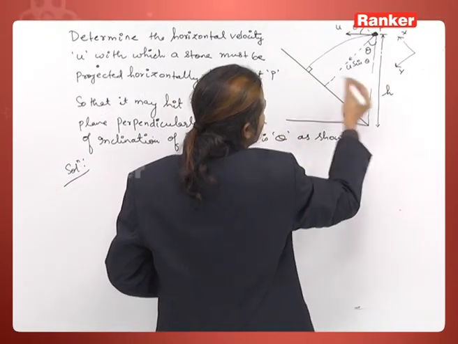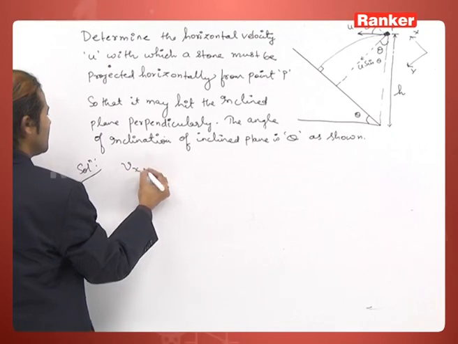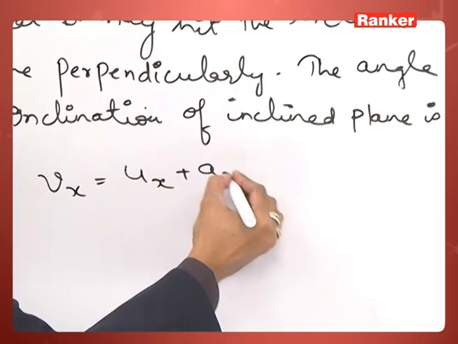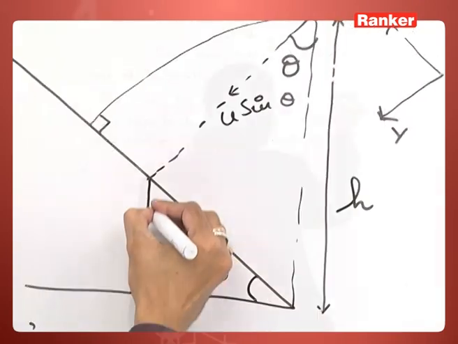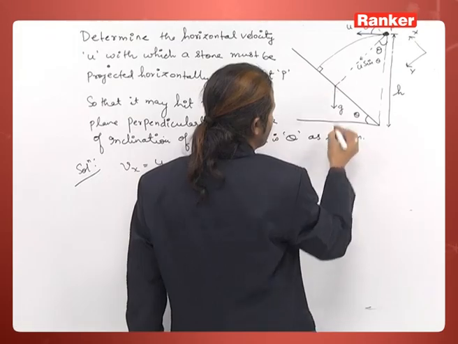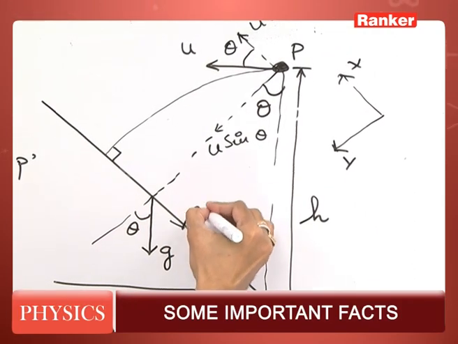Now when it strikes perpendicularly, the x component becomes 0. So Vx is equal to ux plus ax into t. Let us have the components of g first. So this is g, this is theta, this will be g sine theta.